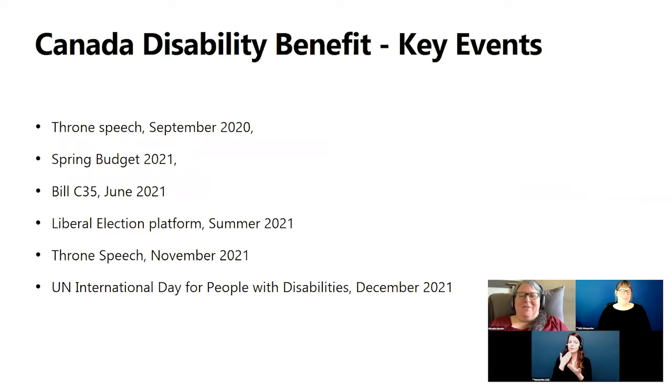You may have heard about this Canada Disability Benefit, a new benefit that was first proposed by the federal government in the throne speech in September 2020. Since then, there have been a number of commitments. There was money set aside in the spring budget of 2021. By the summer of 2021, we had a bill, C-35, but the election came along and wiped that away. We then had considerable attention in various election platforms, which was really encouraging, particularly the Liberal election platform as they came to form the minority government.